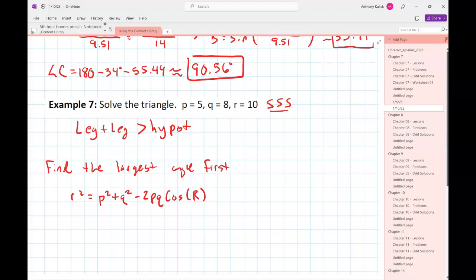So it's just going to create a new formula that we'll write alongside the old ones, so we don't have to do this algebra every single time. Is everybody okay with that?